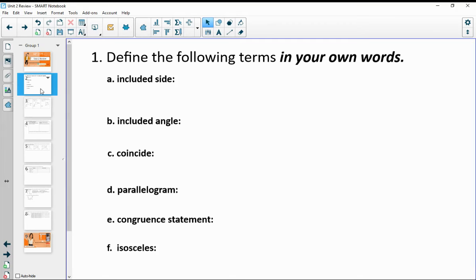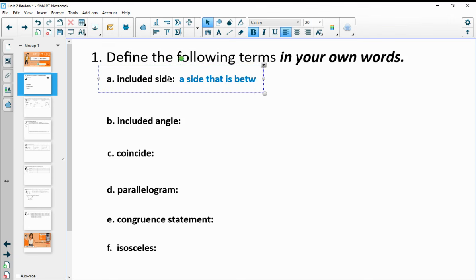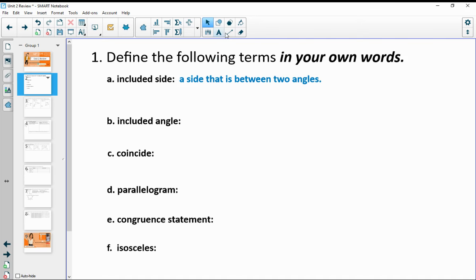Number 1 asks us to define the following terms in our own words. So the first one is an included side. This is a side that is between two angles. We're just going to draw a picture to help with this one.